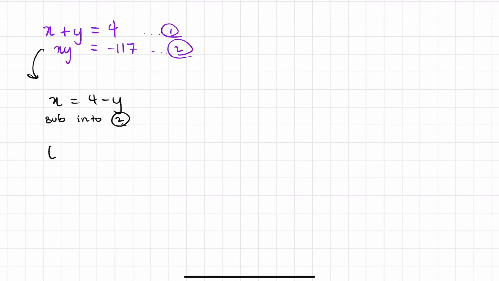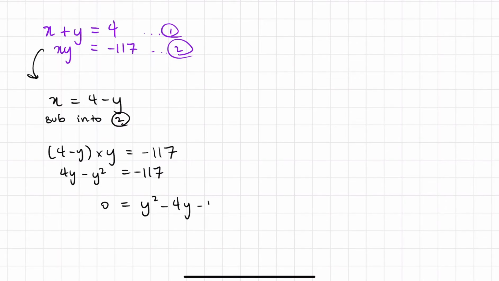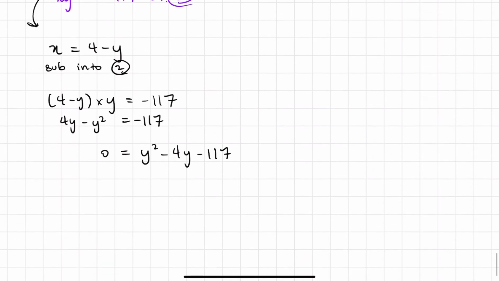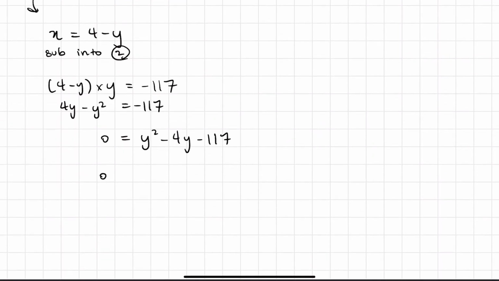Equation 2 is xy, so 4 minus y, times y, equals negative 117. So we have 4y minus y squared is equal to negative 117. Let's move everything to the right-hand side: y squared minus 4y minus 117. And we're going to need to factorize this.